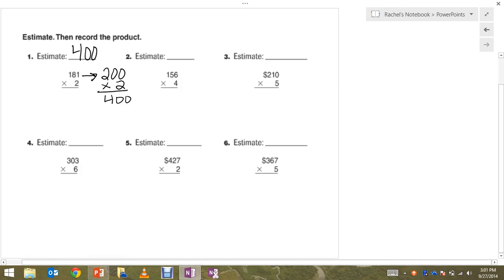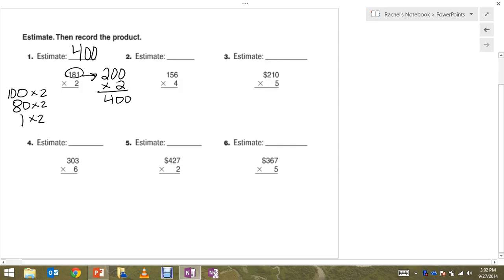We think of this product 181 in expanded form. So 100, 80, and 1. And we're multiplying each one of those by 2.